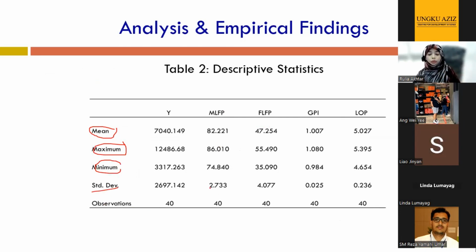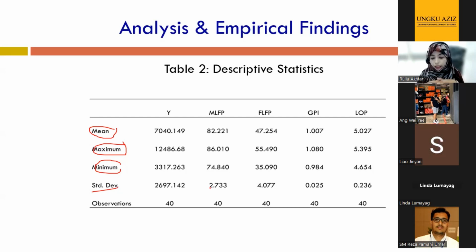But sometimes you can put all the things, such as skewness, kurtosis, Jarque-Bera, probability, sum of squares, etc. Actually no need, but if you want, you can include them.